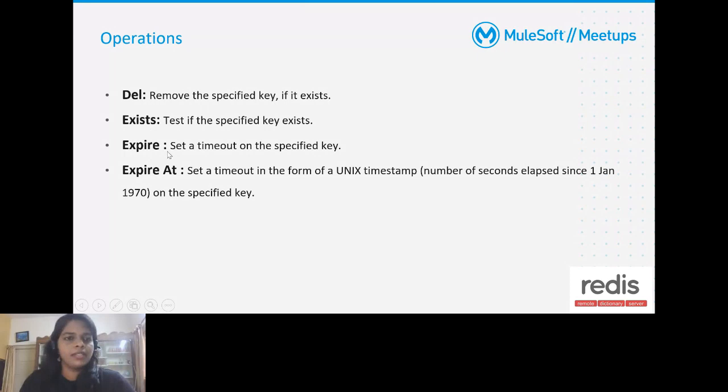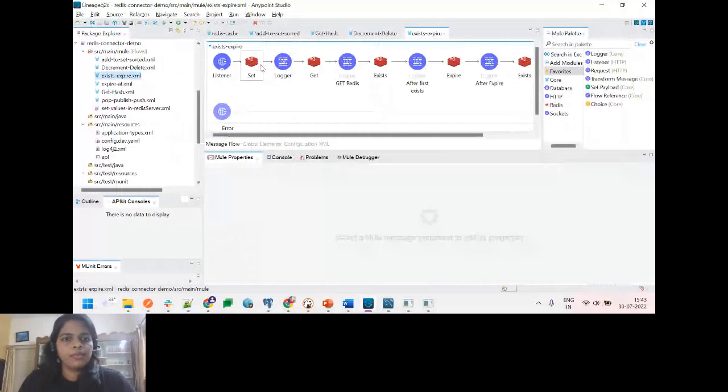Okay. Test, expire and expire at. Test will check whether the specified keys exist or not. Expire means we'll give a timeout there, so after that timeout, that key will expire. We can set it here.